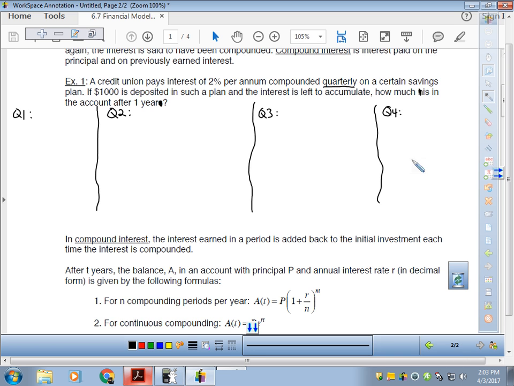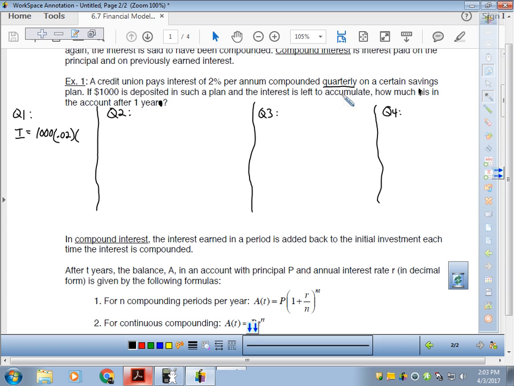So what we need to do is figure out how much interest we earn in each of these quarters and add it into our amount. So our interest is going to be our principal. In this case, we started with 1,000, times our interest rate, which was 2%, 0.02, times our time.